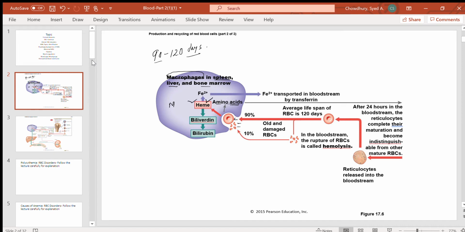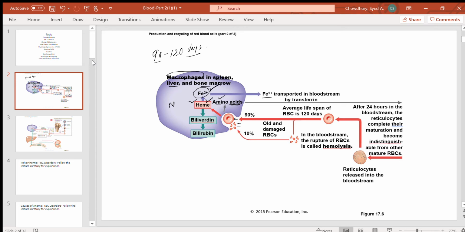Heme and amino acids of the chains get separated. And the main component of heme in the center, you remember, is the iron. And this iron, I mentioned before, will go back to the bone marrow, okay, to produce new hemoglobin. Also the amino acids, the protein molecules, will go back to the bone marrow to produce new hemoglobin.